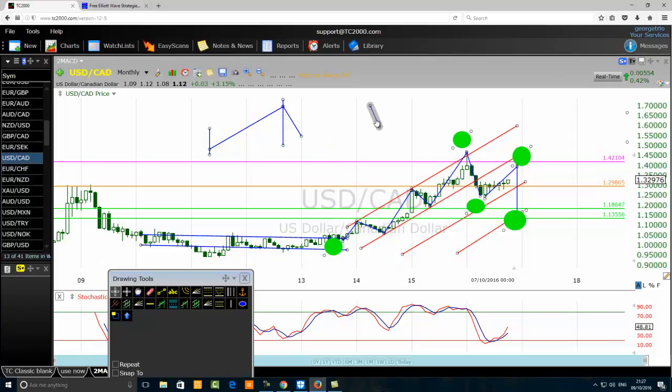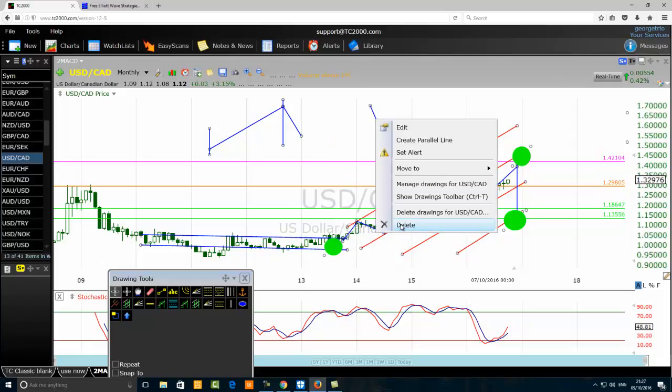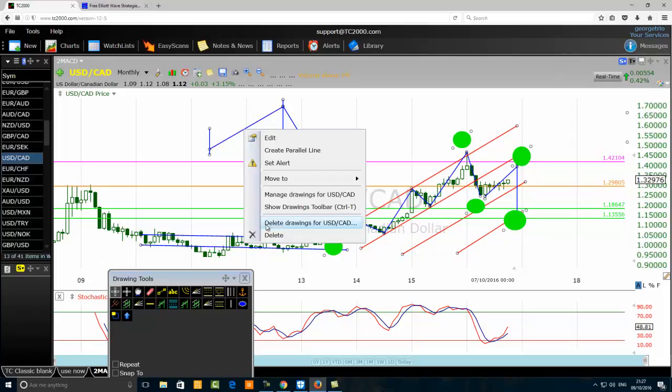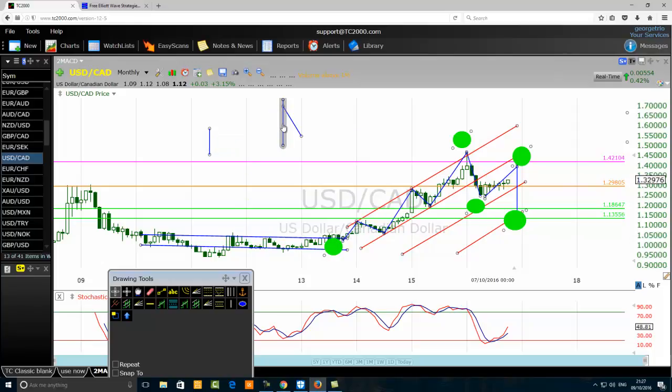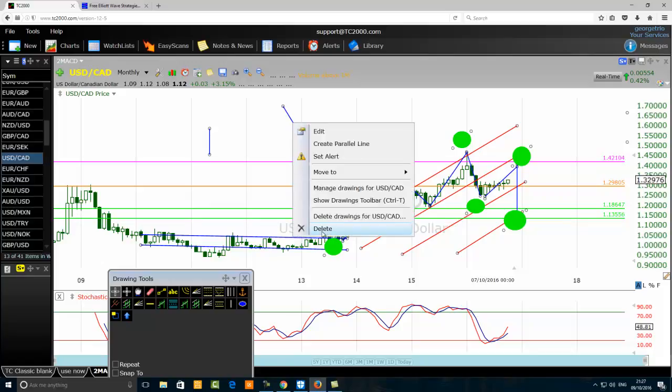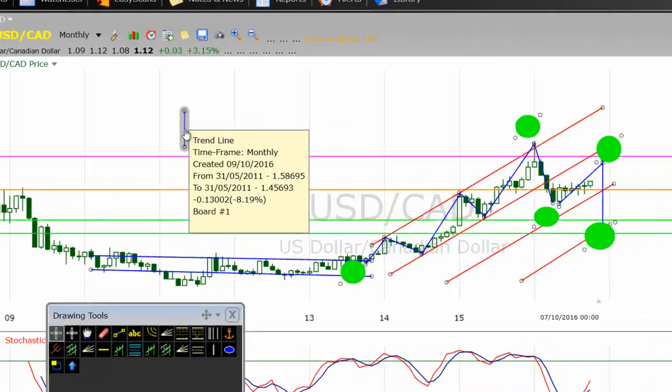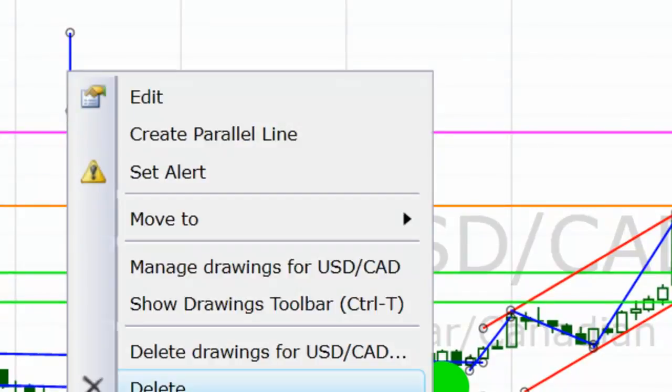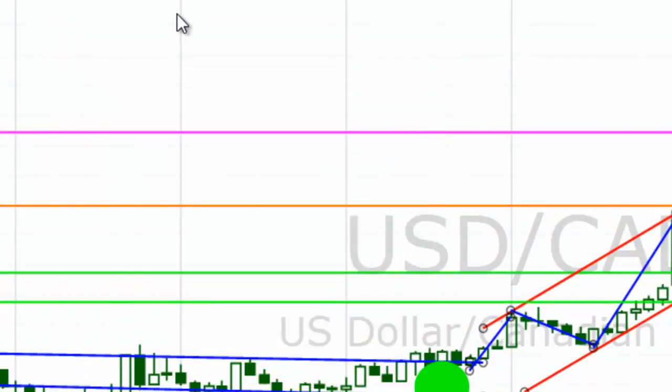First things first. What I always do when I'm talking about wave forecast, Elliott wave forecast, or market prediction, is clarify with traders that this is not an exact science. This is just an expectation.